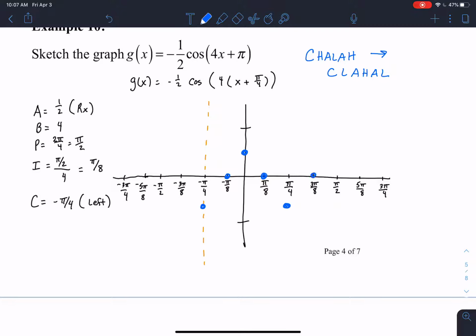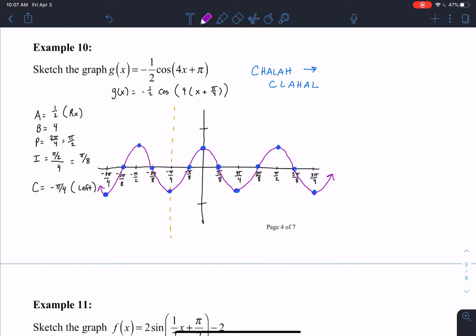And then axis, high, axis, low. And then just connect. All right, so again, all the points are relative to what your shifts are going to be, okay?